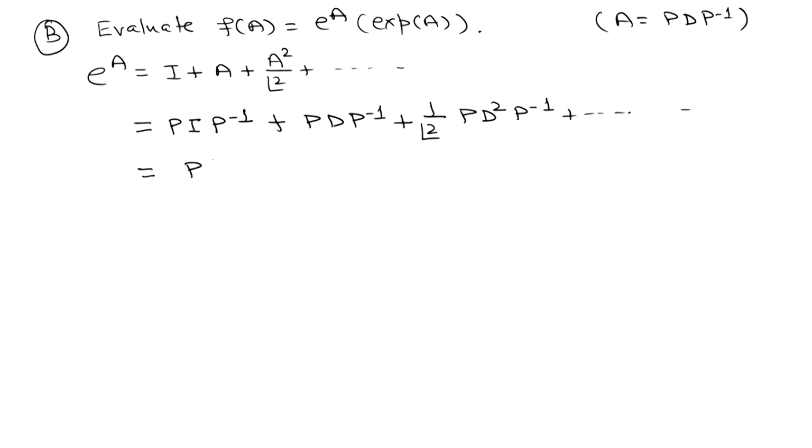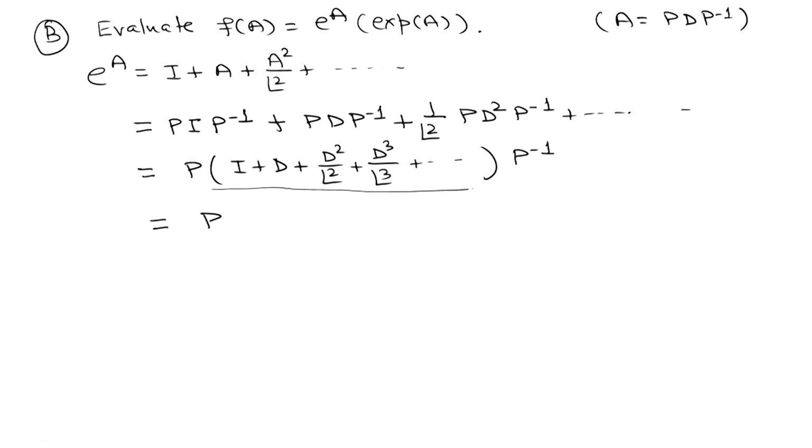So, this I can write as P into I plus D square upon factorial 2. In the same way, the next term will become D cube upon factorial 3 and so on, into P inverse. If you see this round bracket term, it is nothing but e raised to power D into P inverse.